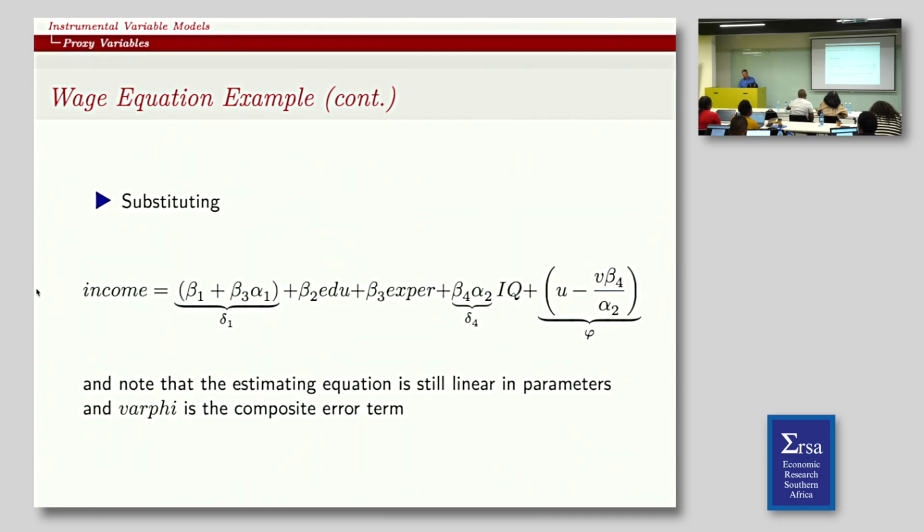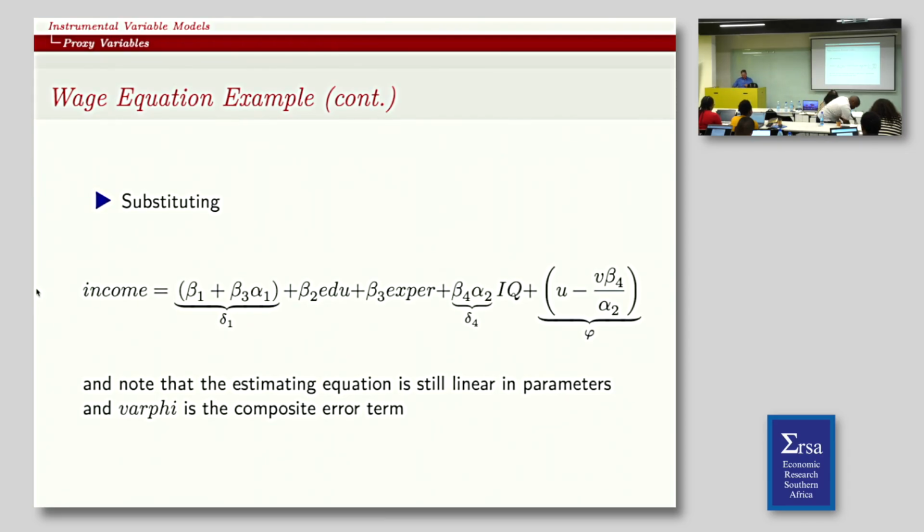The education and experience parts don't change. The beta 4 is the ability part in the earlier regression. The alpha 2 is the IQ part. And we've got this revised error term, and this revised intercept as well, which is the initial intercept plus this beta 3 term, which comes from experience, and the alpha term from the ability component.